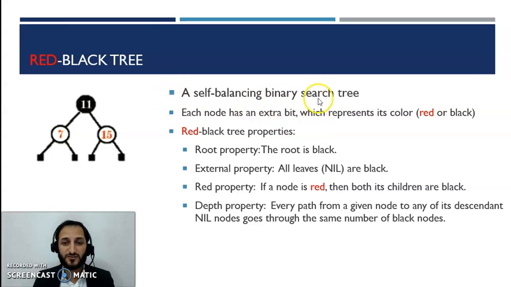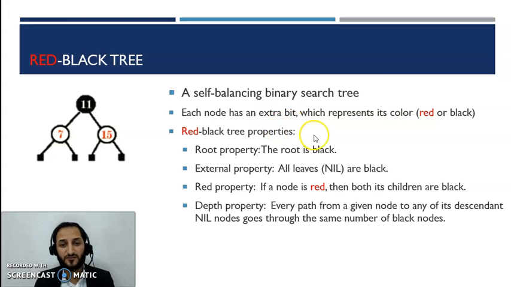So these rules apply to the red-black trees. Each node has an extra bit which represents its color, either red or black, and that bit will recognize the color of this node.